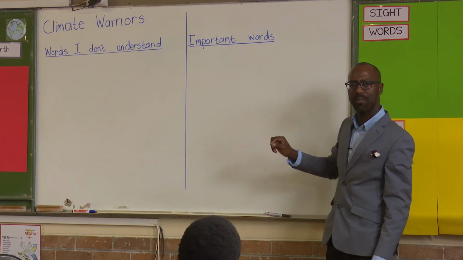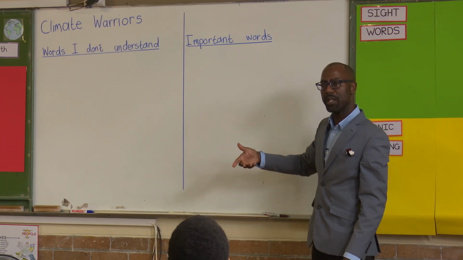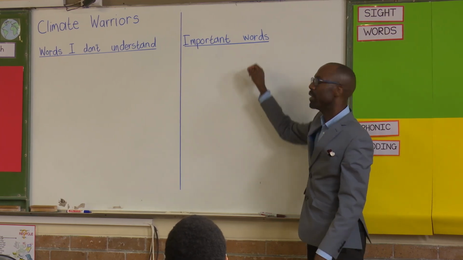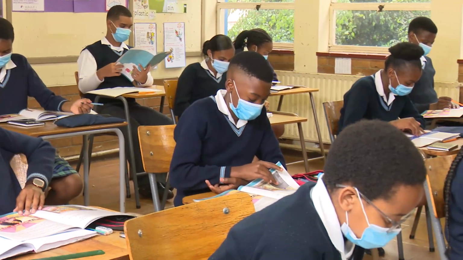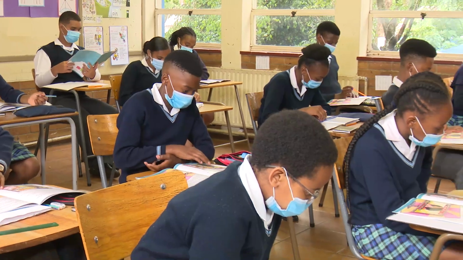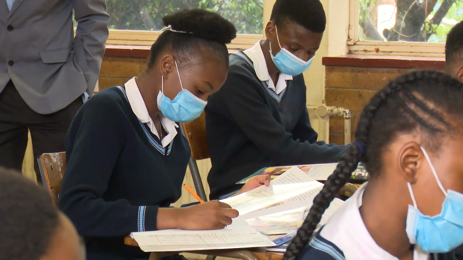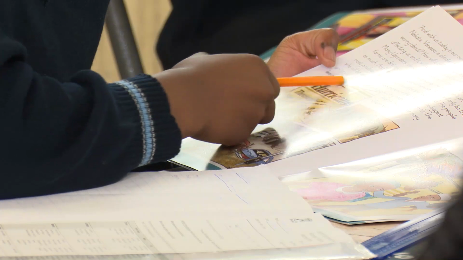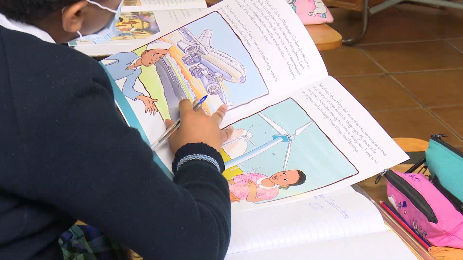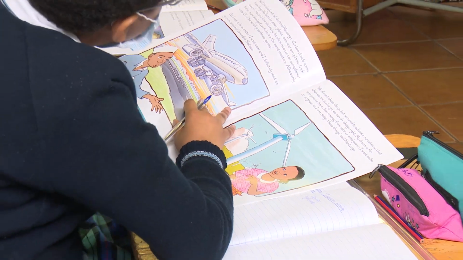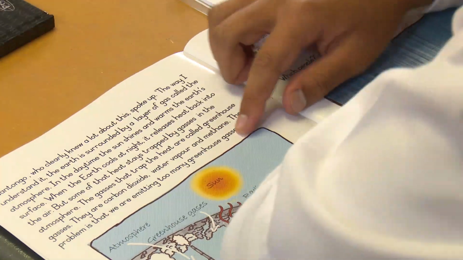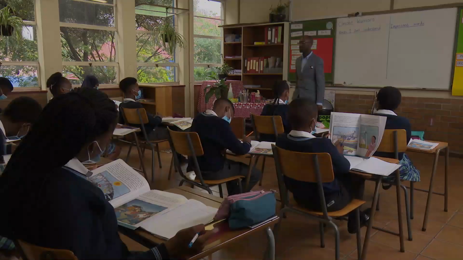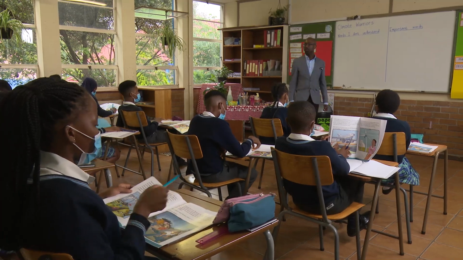If you see a word that you think is important to the story, that helps in the meaning and the understanding of the story, write it down in your notebook. Time is up, guys.